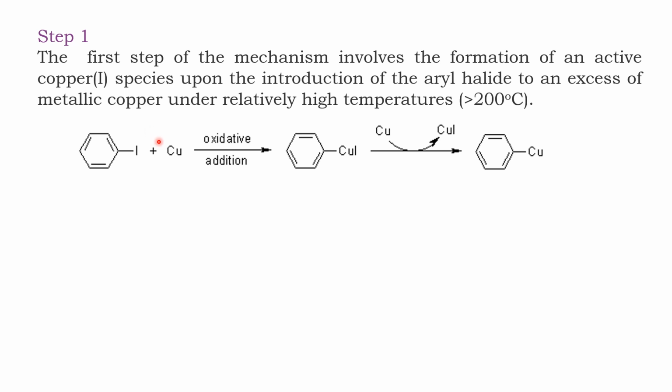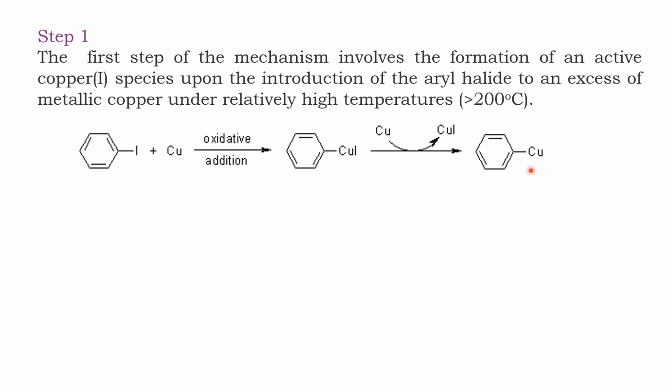So this copper will get inserted between carbon and iodine so that copper is getting oxidized. So it is an oxidative addition, and from the oxidative addition iodine will be released out. So I will get an active copper species. This is the first step of the mechanism.